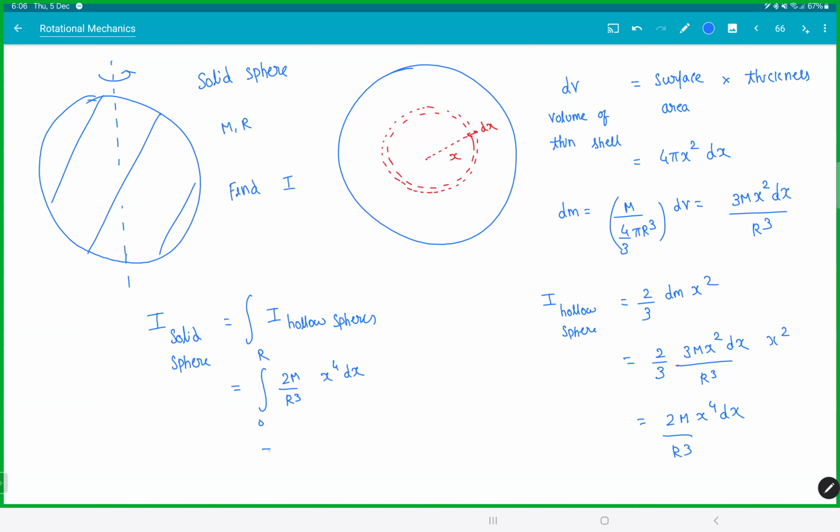That will be r power 5 by 5, giving 2mr square by 5. Check it out. That's your solid sphere. Anyone not clear with the elements, please ask.